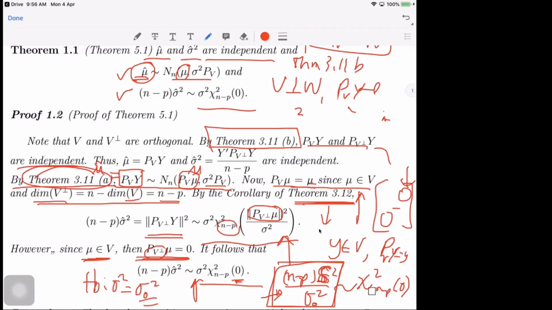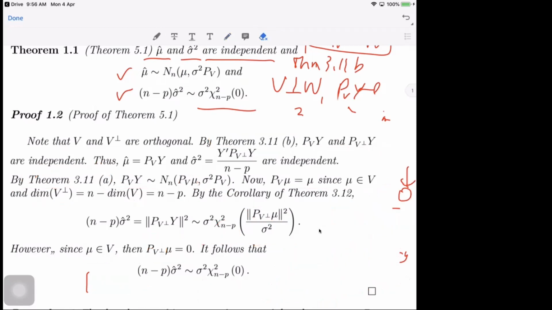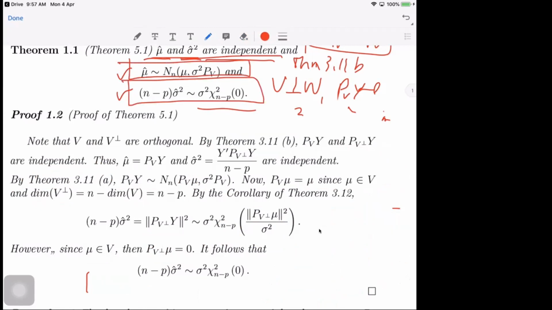So, theorem 1.1 or equivalently theorem 5.1 in Arnold shows that sigma hat square and mu hat are independent, and these are the distribution of your mu hat and sigma hat square.